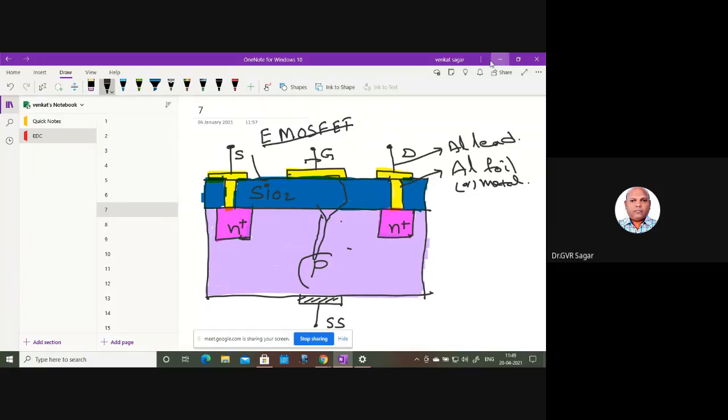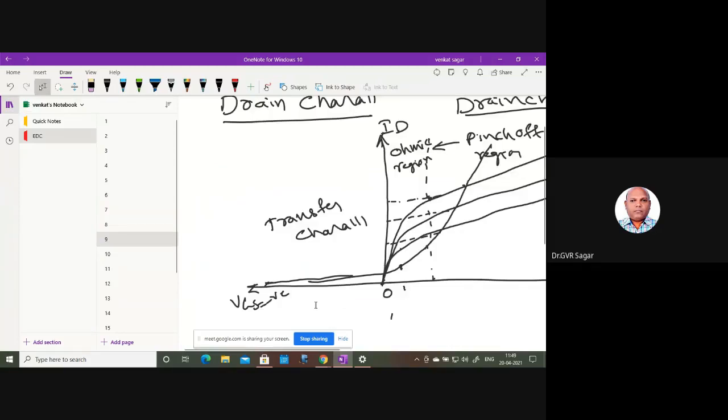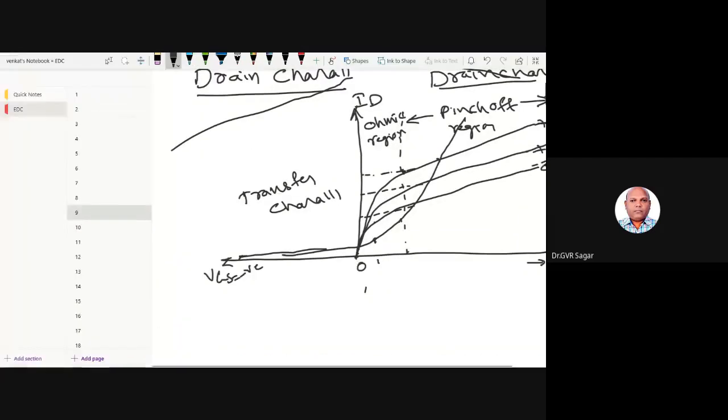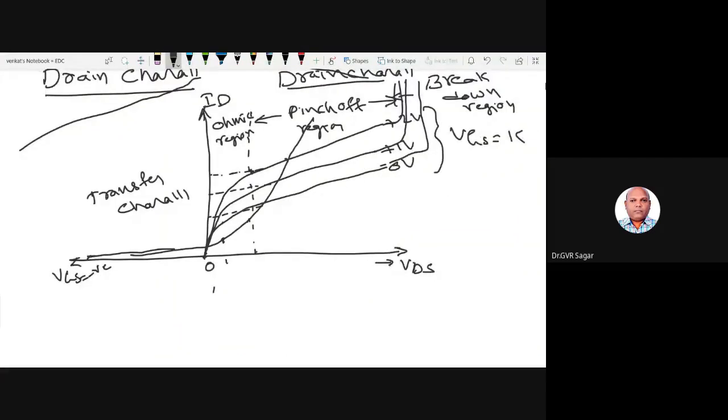Right? So coming to this characteristic curve, here we have to take, not this is the 0 voltage, here is a 0.